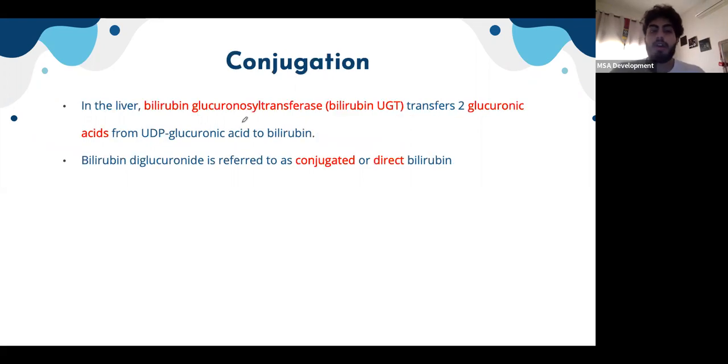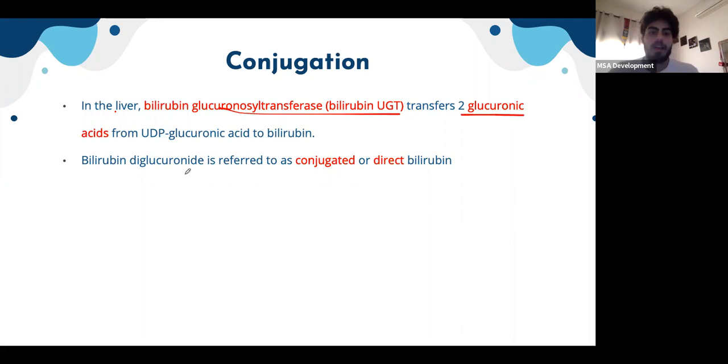So now the conjugation. So we said here after the unconjugated bilirubin goes to the liver, in the liver, it goes through this enzyme, bilirubin glucuronosyltransferase, or bilirubin UGT, and through it transfers two glucuronic acids from UDP to bilirubin.